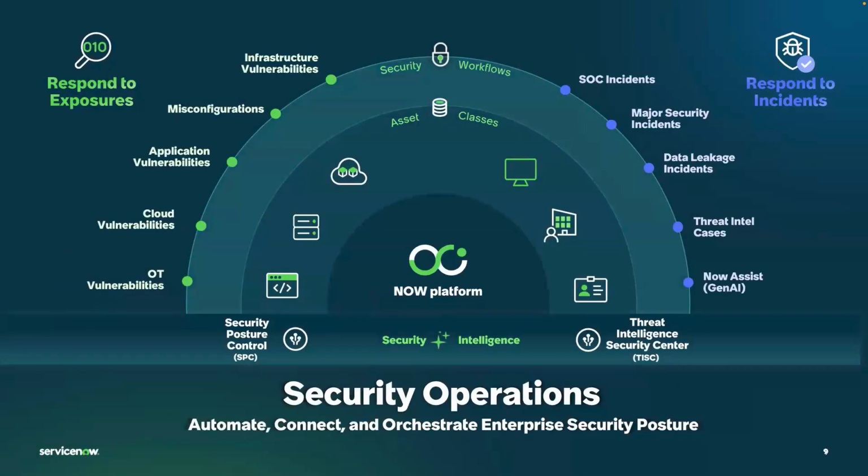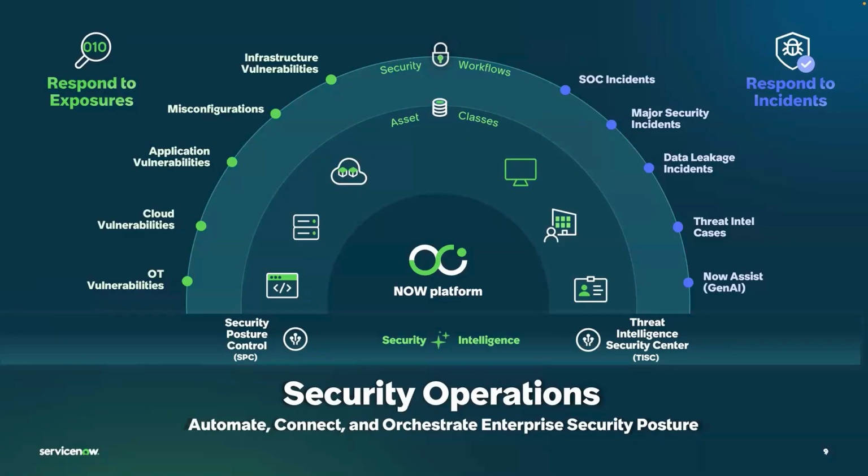So as most of you will already know, the security operations portfolio does have a suite of different solutions or applications. And broadly, they fit into kind of these two areas on the left and on the right here. So on the left, we have that ability to respond to what we call exposures in your environment. So this could be vulnerabilities, right?